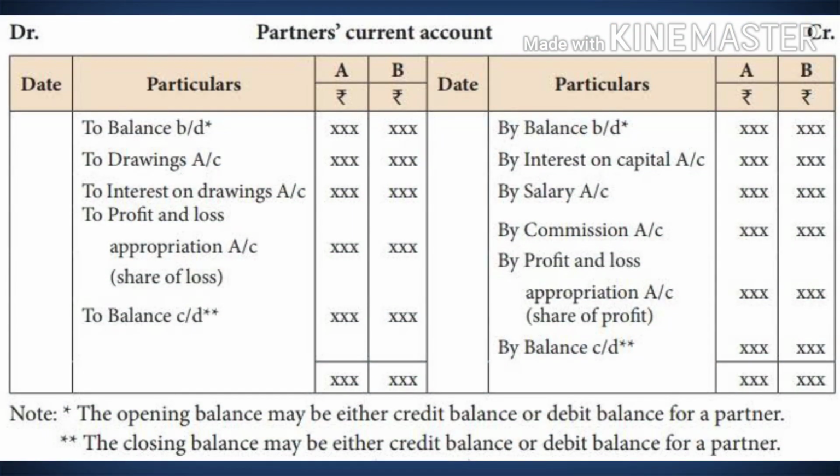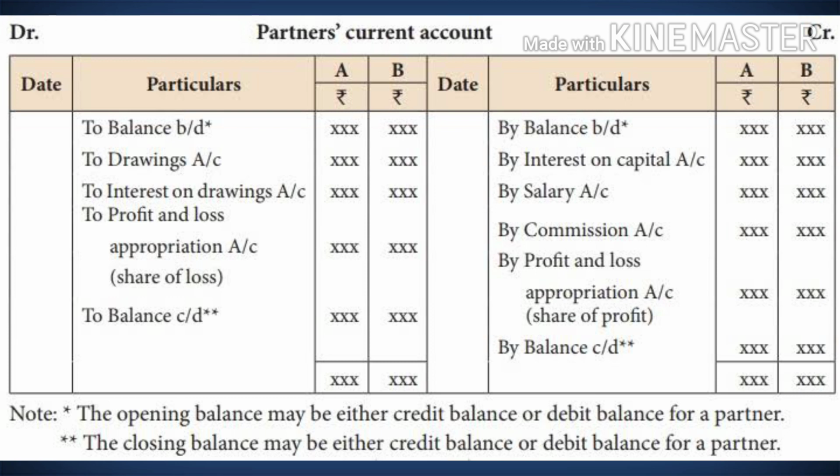This is the format of partner's current account. Like other accounts, it also has debit side and credit side: date, particulars, amount. Also, however many partners we have, we will make a separate column for each partner, like partner A, partner B. Then, if we have the opening balance of current account, we will start with the opening balance.